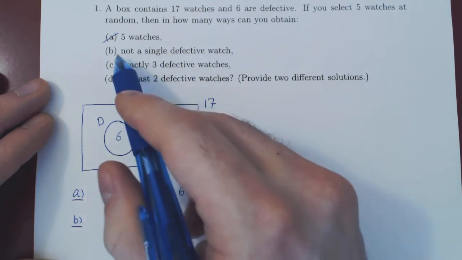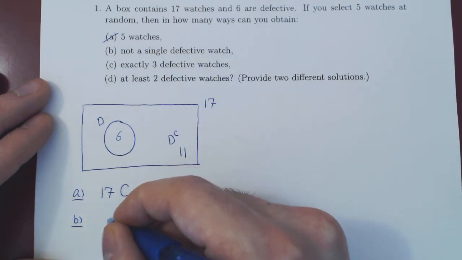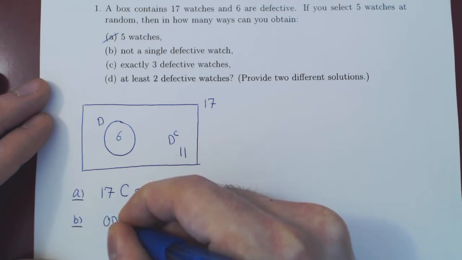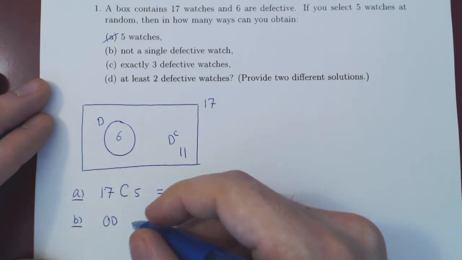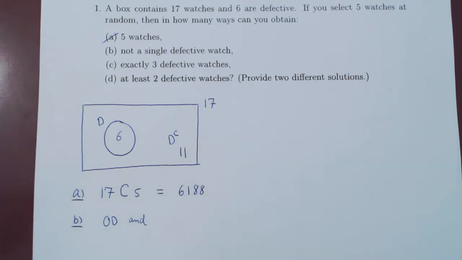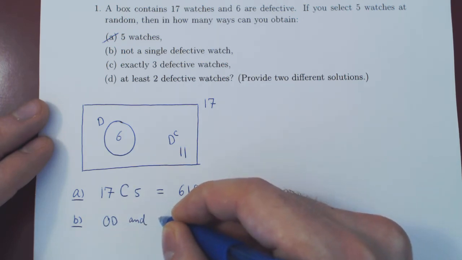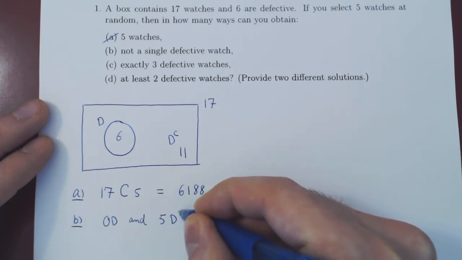Let's write that down. Not a single defective watch means that we've selected 0 defective watches, and because in total we are choosing 5 watches, so 0 defective watches and 5 non-defective watches.